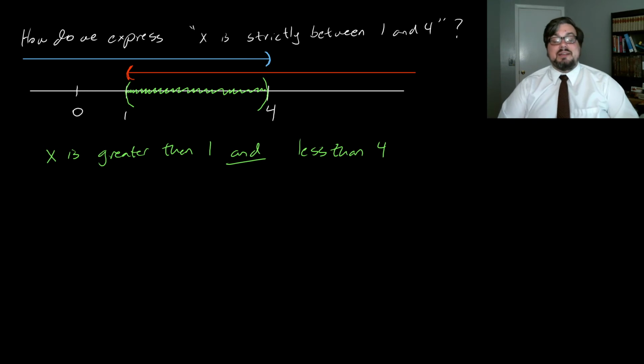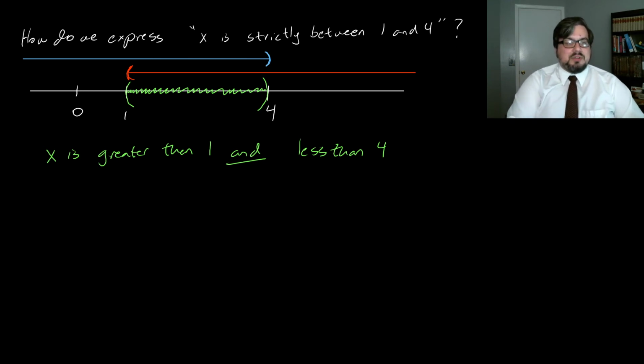And what we're doing here is we're finding their overlap. So what we're looking at when we want to describe x being between 1 and 4 is the overlap between the solutions to x is less than 4 and the inequality x is greater than 1. So we can express this situation by saying that x is greater than 1 and x is less than 4.